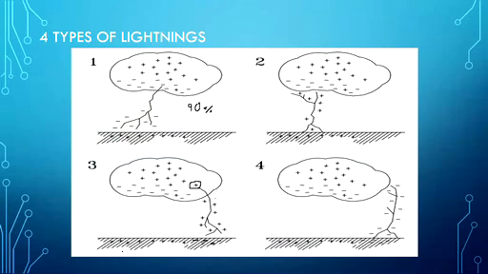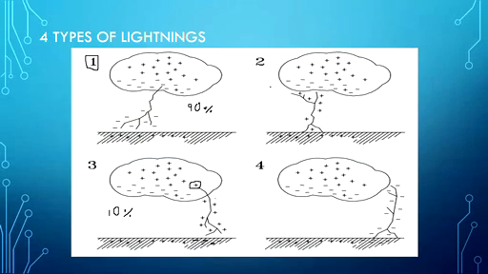This type of lightning tends to have a higher voltage and current than the other type of lightning, but also we're going to talk about a 10% frequency of this type of lightning. They're not very frequent.